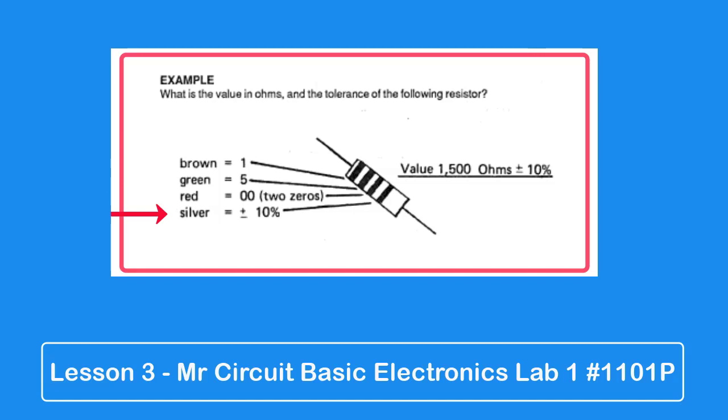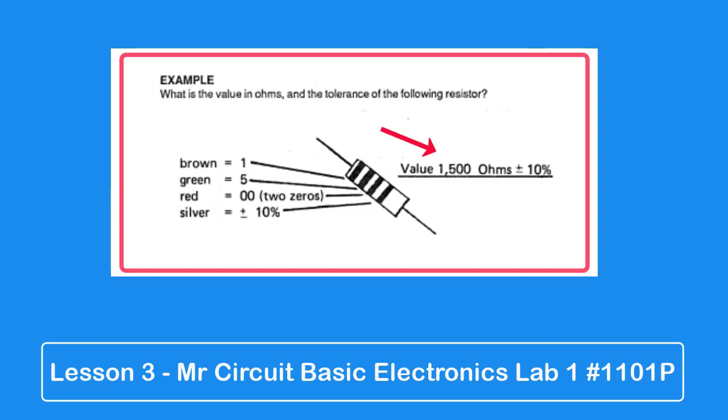So how do we interpret this and tell the value of the resistor? Well, brown stands for a 1, and that's a digit, so it's a 1. Green stands for 5, so you got 1, 5. Followed by how many zeros? Well, the third band is red, so that means 2 zeros. So 1500, in other words, 1500 ohms.